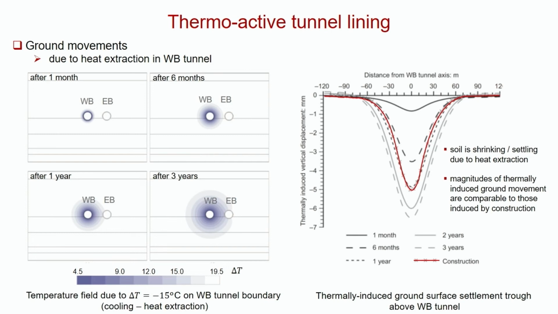And after 6 months, we've got the dotted line, and then a year, and so on. If we were to say realistically we would be cooling this tunnel for 6 months and then we might be heating it, you can see that we got 4 millimetres of movement. So the surface movements caused by using this tunnel as a thermoactive structure are relatively substantial when you compare to what happened due to construction.